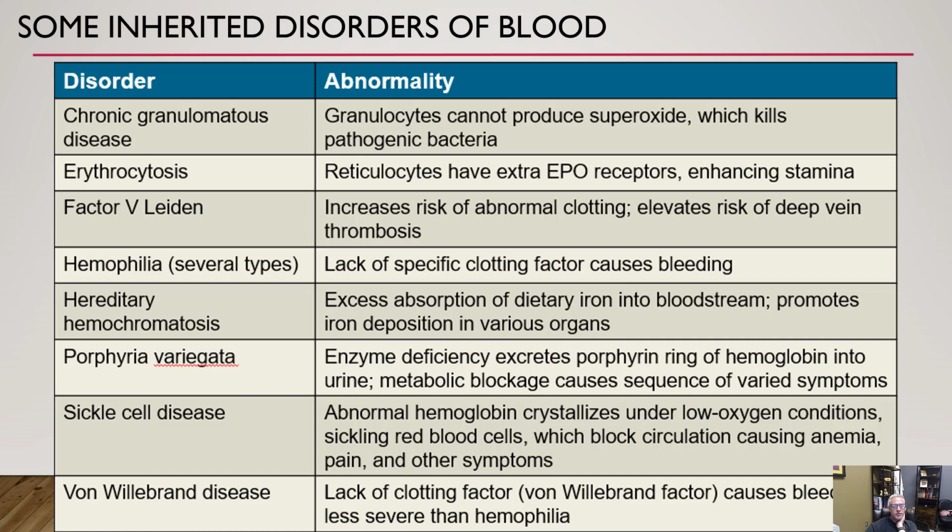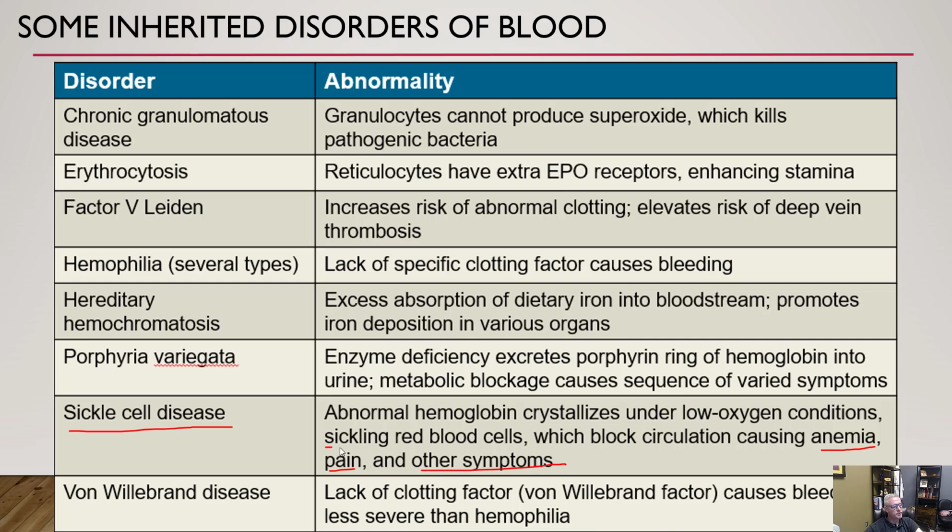Now, some disorders of your blood. We've already talked about sickle cell disease, where your red blood cells kind of lose that fluffiness and that round shape, and they kind of look like the Grim Reaper with his sickle, and it causes sickle cell anemia, pain, other symptoms, cyanosis.